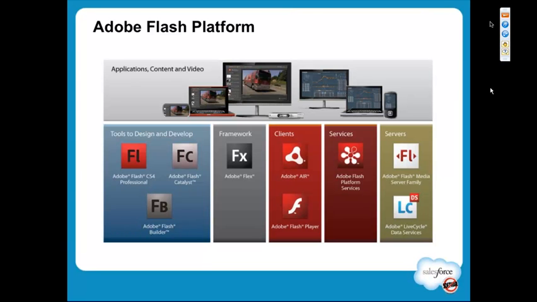So this platform that Adobe has created is called the Flash platform, and there's a number of different pieces of this platform that I wanted to walk through. First, the most important part is the actual client runtimes, which is how we actually run these applications on the client. Flash Player is our primary web runtime, so that's how we run these applications inside the browser and deploy them just like any other web application.